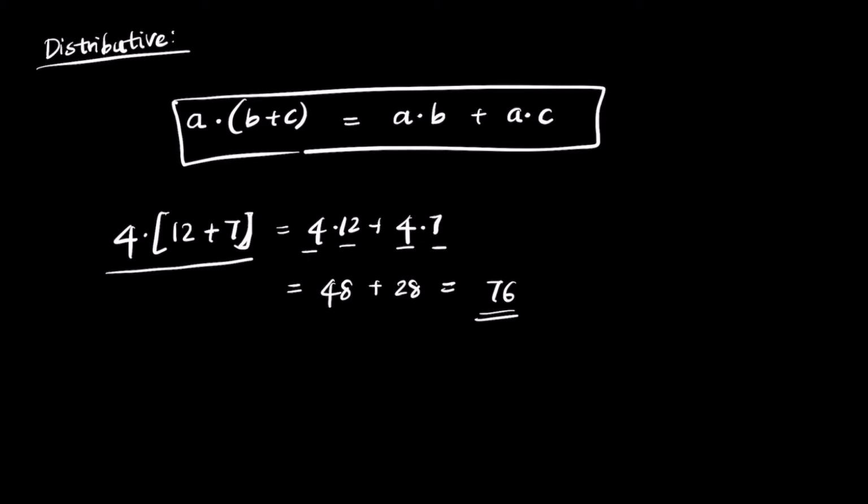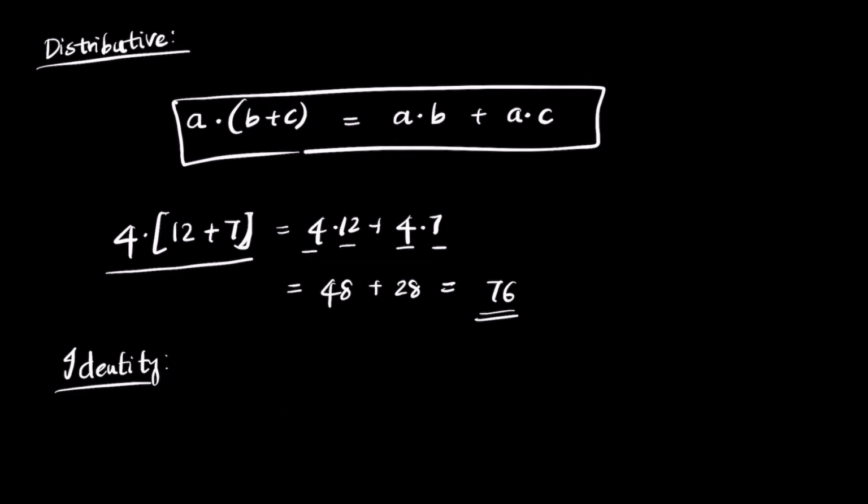Now, the next property is the property of identity. What does identity basically mean? Identity says that there is a unique number which, when combined with a specific number, yields the same number.